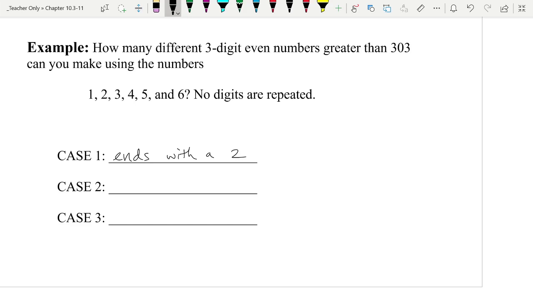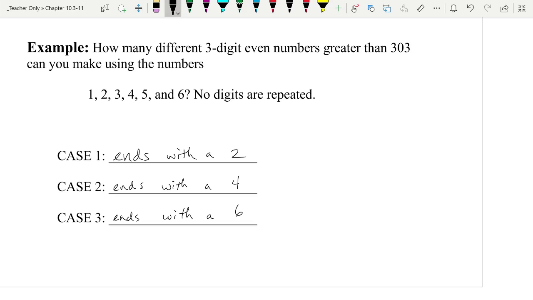Case 2 ends with a 4. And case 3 ends with a 6. Now you might be thinking, aren't all these the same? No, 2 of them are. Let's show you what that means.